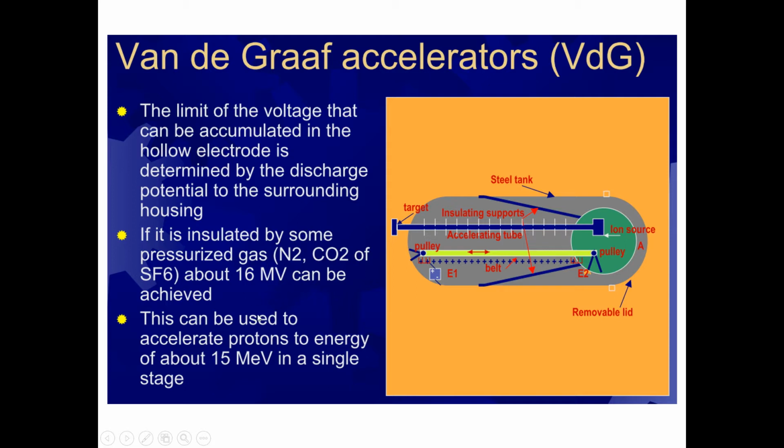This voltage can be used to accelerate protons. This 16 megavolt, which we can achieve simply by insulation with pressurized gases, can be used to accelerate protons to an energy of about 15 mega electron volt in a single stage.